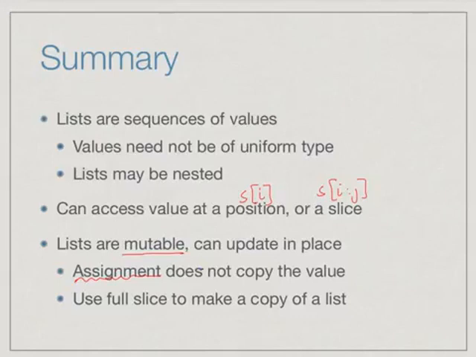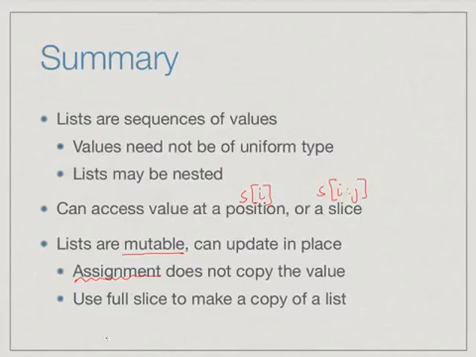For immutable values, the types we have seen so far, int, float, bool, and string, when we say x equal to y, the value of y is copied to x. So updating x doesn't affect y and vice versa. But when we have mutable values like list, if we say L2 is equal to L1, then L2 and L1 both point to the same list. And so updating one will update the other. And so we have to be a bit careful about this.